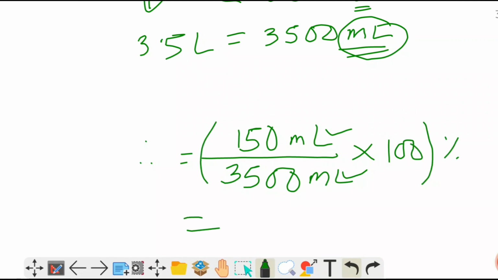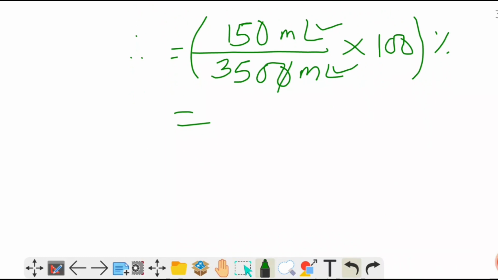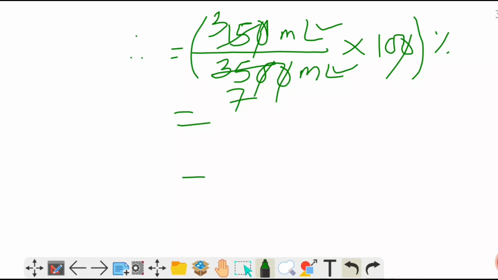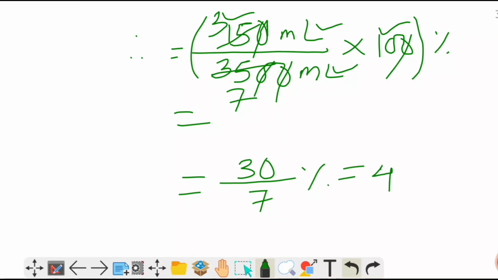First we'll cancel out the zeros, and dividing by 5 we get 5 3s are 15 and 5 7s are 35, and in the numerator we've got 3 into 10, that is 30, and the denominator is 7. Now dividing by 7, we get 7 4s are 28, so 4.28.